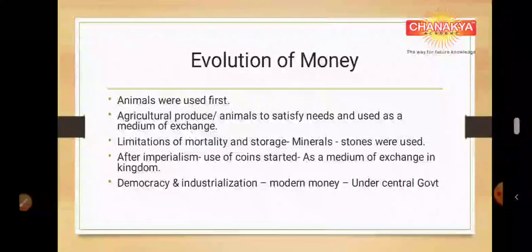Like, I want 10 kg of rice from my friend, then I will give one of my animals and buy the rice. Same way, that person will also require something and will exchange it with the help of animals. Why were animals used? Mostly because that was an era of cattle rearing, or the primary sector. That's why they used animals as an acceptable medium of exchange under the barter system.